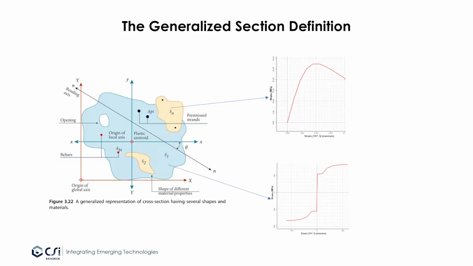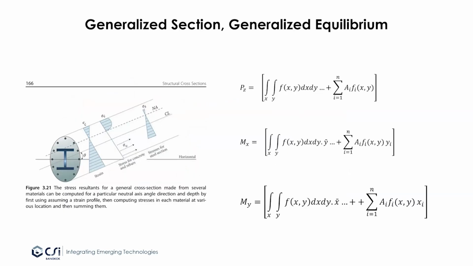So when we develop the theory, we don't think about concrete or steel or anything. This cross section could be made from bamboo, from plastic, from anything. As long as we have the stress-strain curve and the configuration, we should be able to solve this cross section. Based on that, we develop the general representation of the equilibrium equation.